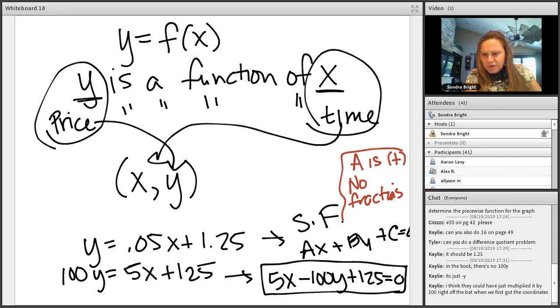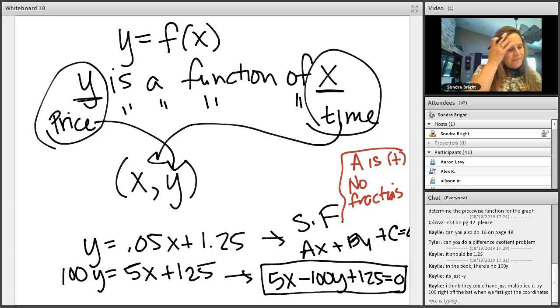I think that they could have just multiplied it by 100 right off the bat when we first got the coordinates. True. But let me just double check something really quick. This was page 86, number 11.